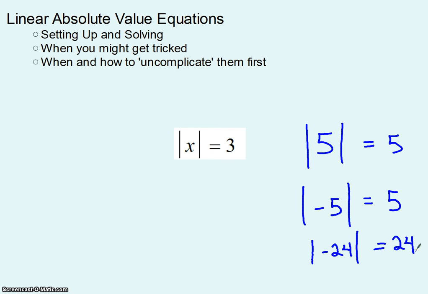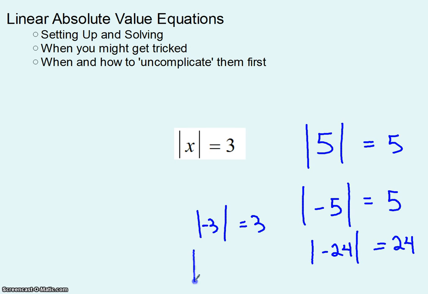Lots of students will get used to this idea that the absolute value of -3 is 3, and that's okay with them. And then they say, well, that means the absolute value of 3 must be -3. And it's not like it just reverses the sign. A better way to say it would be, it always makes the statement inside positive.